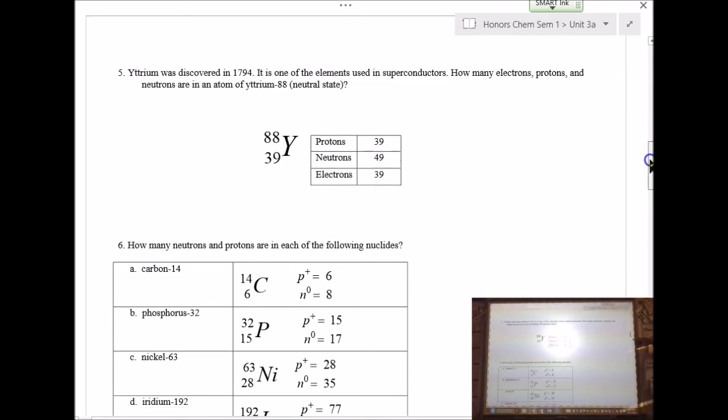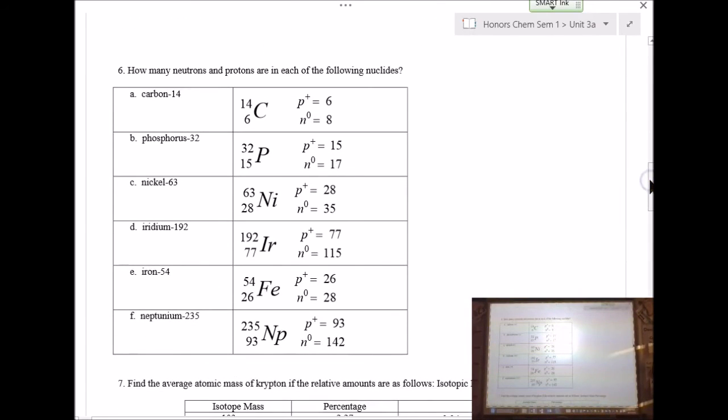Looking at number 6. Now, somebody did point out yesterday, like, are these neutral? And I was like, oh, yeah, I probably should have put that. On the test, I will identify if something's neutral or has a charge. But I was assuming that the reader would interpret that that was neutral. But that was a great question that somebody asked yesterday.